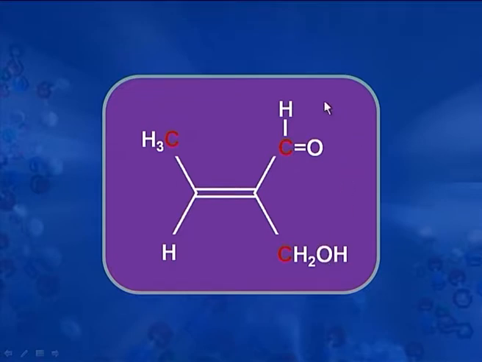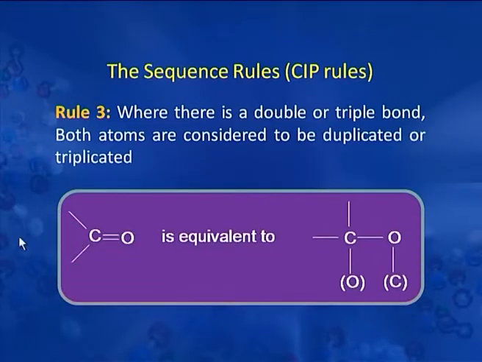But for the groups which are joined by double bond or triple bond, there is another rule for deciding their priorities. Where there is a double or triple bond, both atoms are considered to be duplicated or triplicated. Means CO group is equivalent to 1 carbon, 1 oxygen, right.